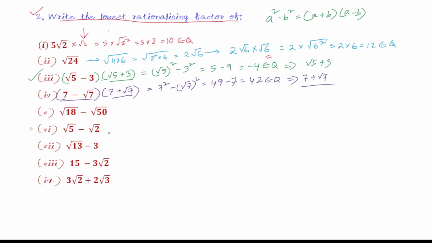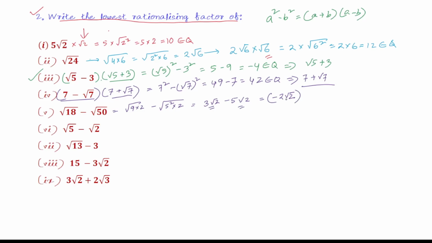Now root 18 minus root 50. So we have to simplify it first. Root 18 is equal to root of 9 into 2 minus root of 25 into 2. So this is equal to 3 root 2 minus 5 root 2, which is equal to minus 2 root 2.